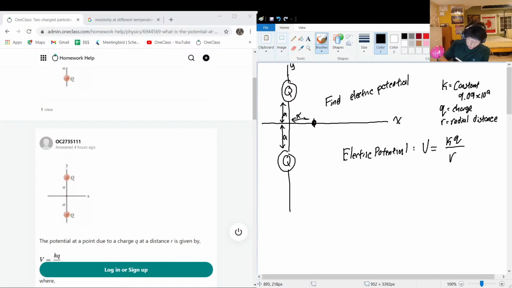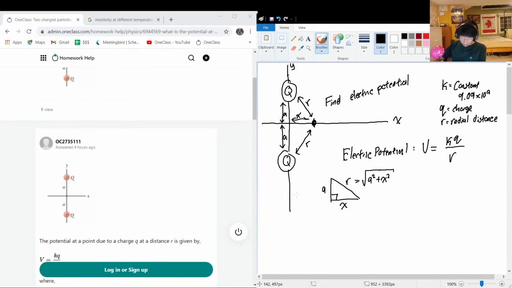Okay, so the radial distance R is actually going to be something like this. And we know that since A is the same for both of them, they're going to have the same R value. If we have A and we have X at a right angle like that, and we have R here, then R is equal to the square root of A squared plus X squared.